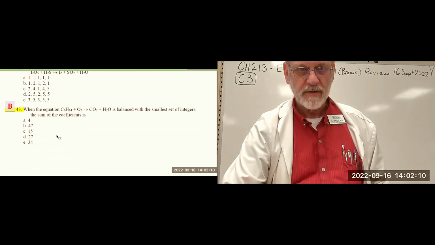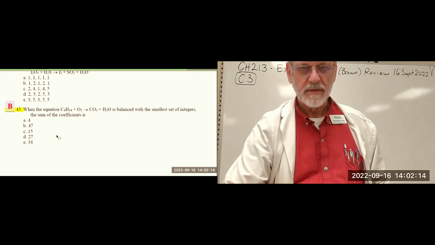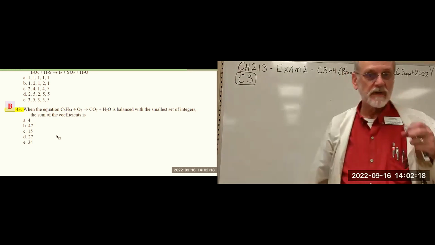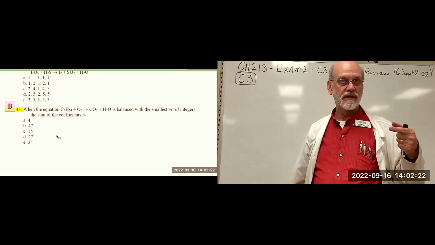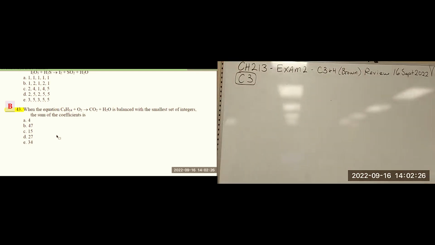So when this equation is balanced, all right, 43 is fairly simple to balance, except notice that it's combustion of a hydrocarbon. Anytime we combust a hydrocarbon, to balance the equation, you have to use the fraction trick.